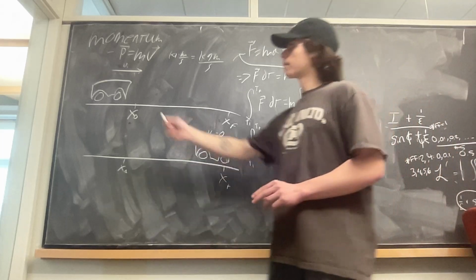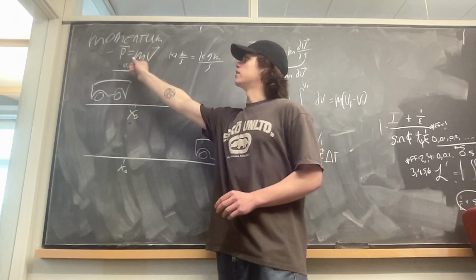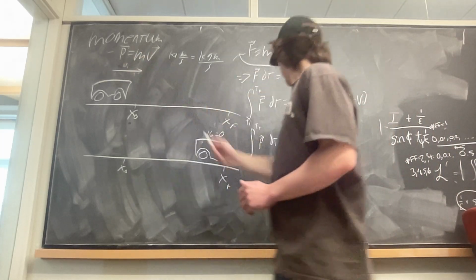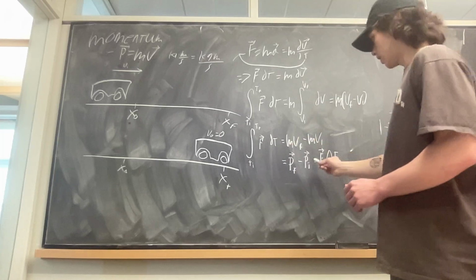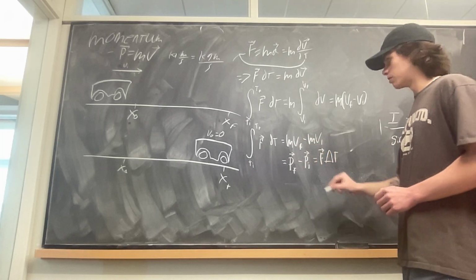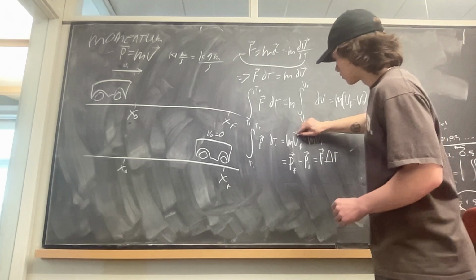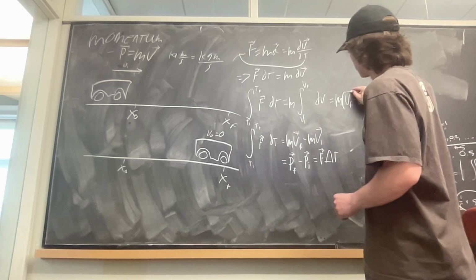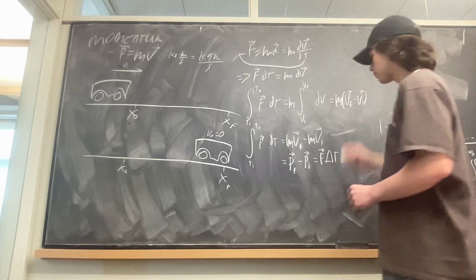And recall from earlier, momentum is mass times velocity. So we can rewrite this part as momentum final minus momentum initial. Both these are vectors. Sorry, I should have included that.